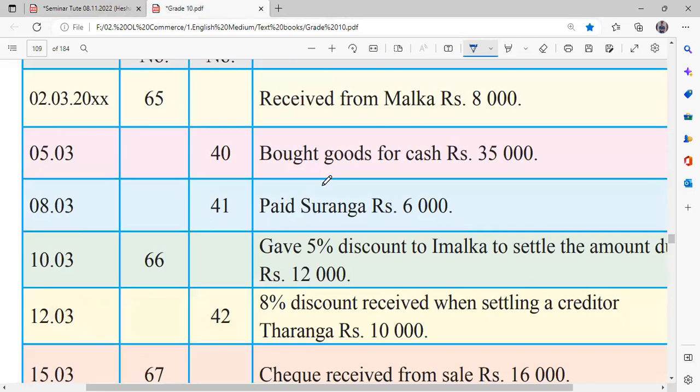Now the other one. Bought goods for cash, which means on a cash basis, 35,000. When we purchase goods, the purchase expense increases and the cash asset decreases. So cash book credit, purchase account debit.